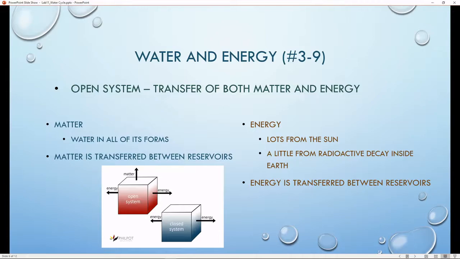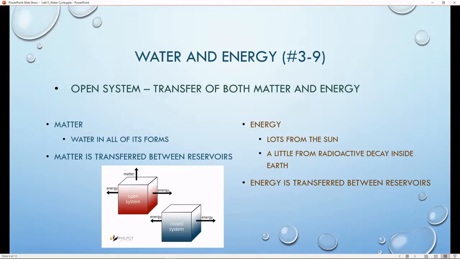So that's question 3. For some background on this, you can classify any scientific system as an open system or a closed system. A closed system is really an ideal system where at most you might have some energy transferred to adjacent systems, but all the matter, all the mass in it stays the same and doesn't leave. Open systems involve the transference of both matter and energy into and or out of the system. In the case of hydrologic systems, that matter is going to be water in all of its forms, solid, liquid, gas, and that can be transferred between those different reservoirs.